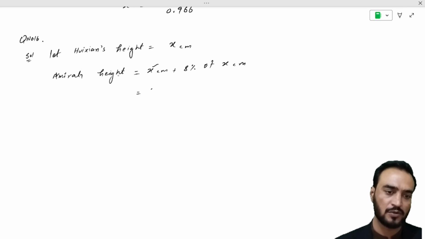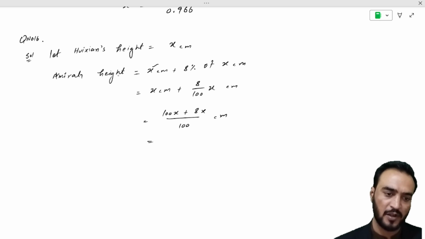So this is equal to x centimeters plus 8 over 100 times x centimeters. So this becomes 100x plus 8x over 100 centimeters, which is 108x over 100 centimeters, and simplifying we get 1.08x centimeters.